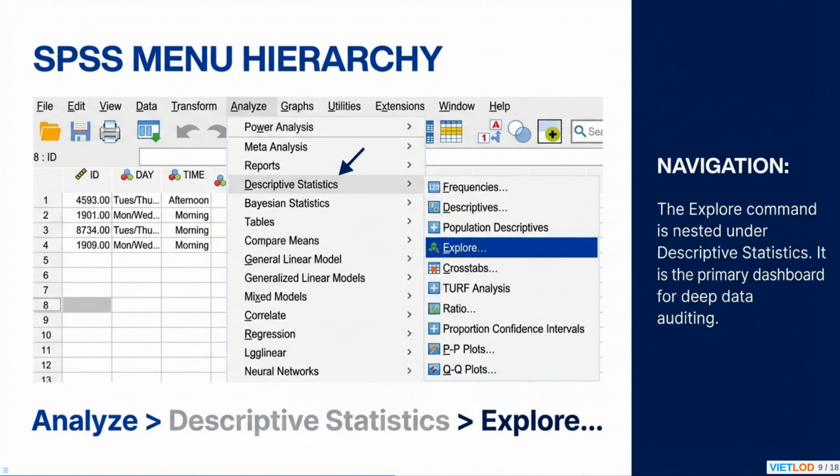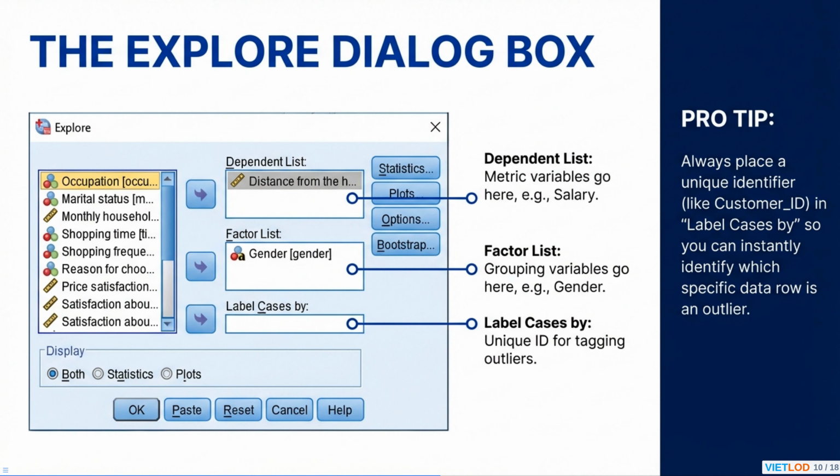It's the go-to function when you need to comprehensively examine your scale variables, particularly when you're comparing them across different groups. If you've just loaded your dataset, this is often the very first practical step to take. Clicking Analyze, Descriptive Statistics, Explore will open the main dialog box, which is where we'll set up our entire diagnostic check. Once this dialog box is open, we can proceed to configure our analysis, which we'll discuss next.